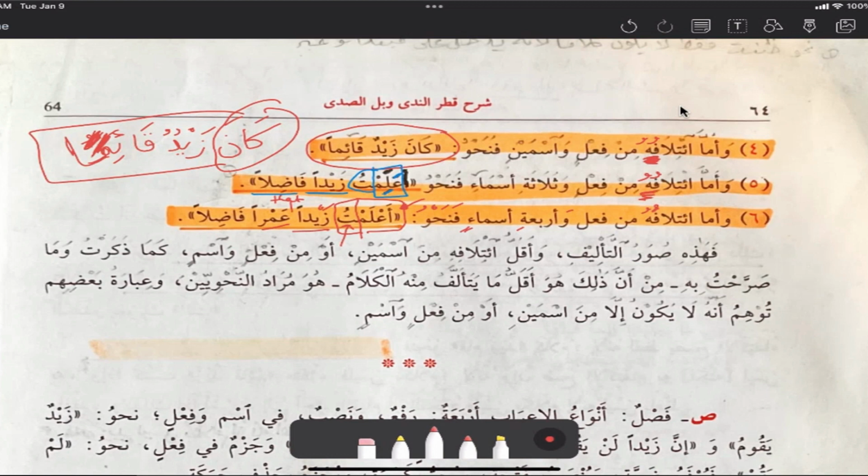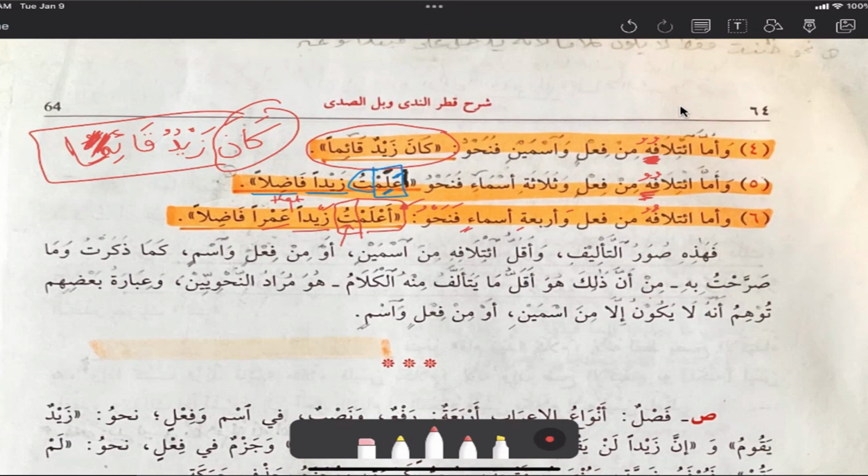He says, فَهَذِهِ صُوَرُ التَّأْلِيفِ. These are the scenarios of composition. وَأَقَلُّ ائْتِلَافِهِ مِنْ اسْمَيْنِ, and its minimum composition is two nominals, أو من فعل واسم, or from a verb and a nominal, كما ذكرت, just like I said. وما صرحت به من أن ذلك هو أقل ما يتألف منه الكلام, and what I have said explicitly, that this is the minimum composition of speech, هو مراد النحويين.